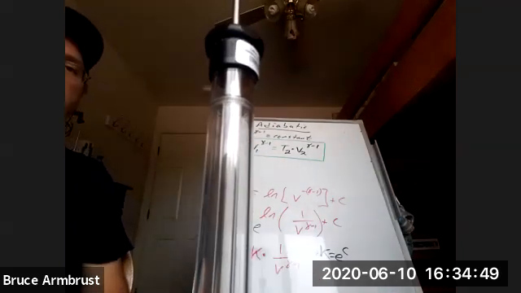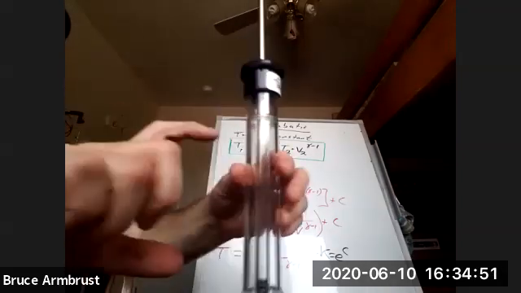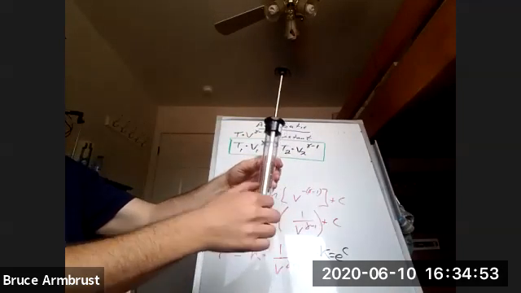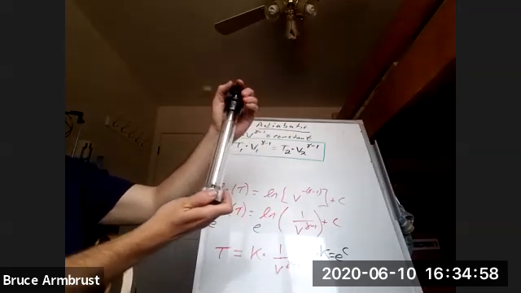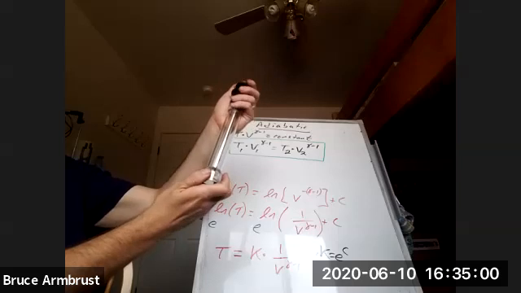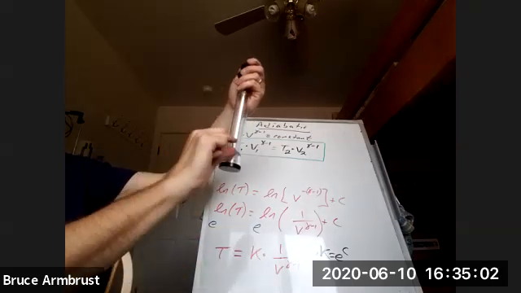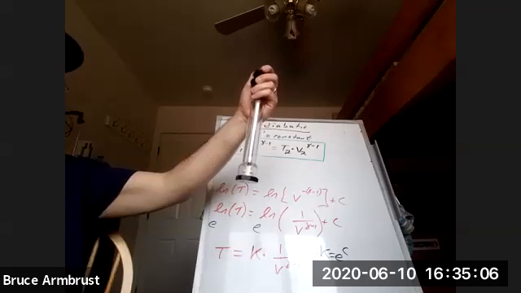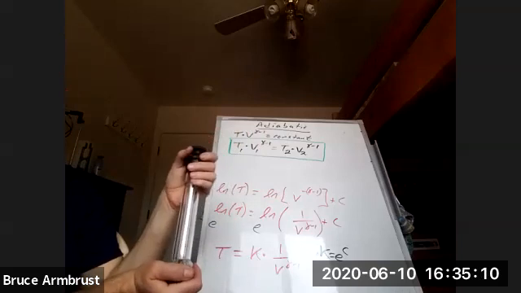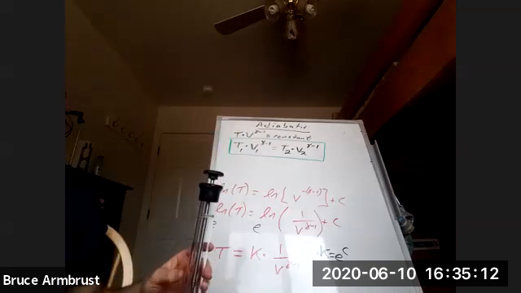But as I push down, the volume went from the entire volume of this tube down to probably about here. So there was a huge decrease in volume, and we're going to see what that did to the temperature.